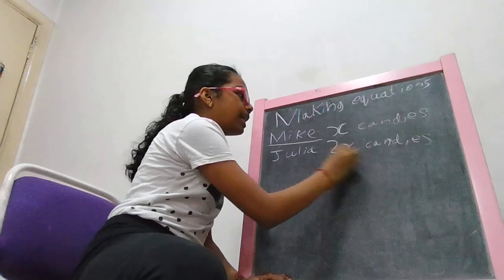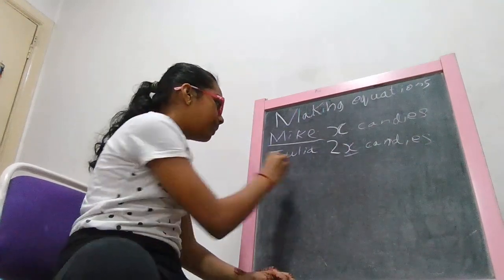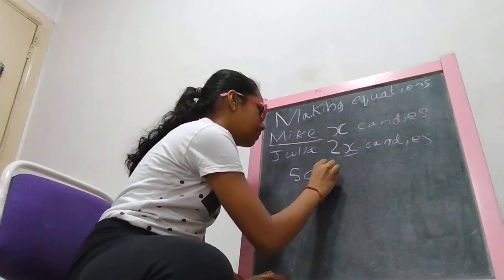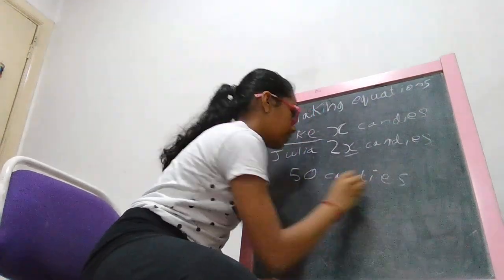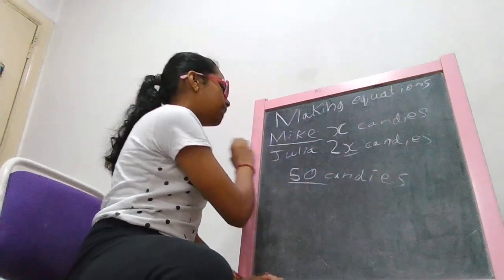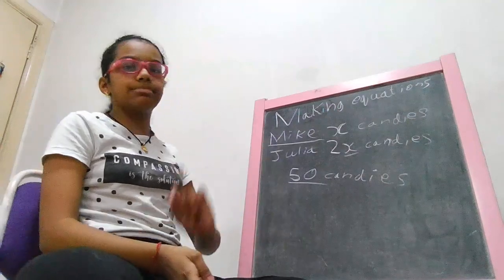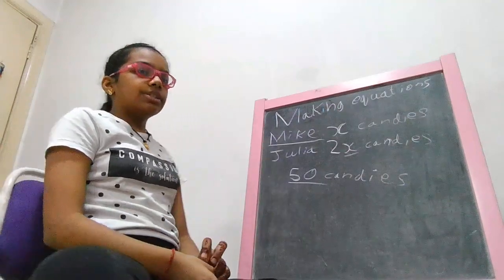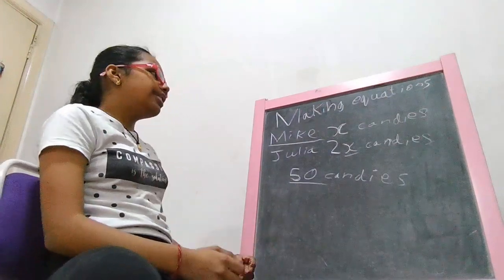Now, if Julia has 2x candies and if Julia has, let's say, 50 candies, then write an equation to show how many candies Mike has. So we have to write an equation now. How are we going to write this equation?